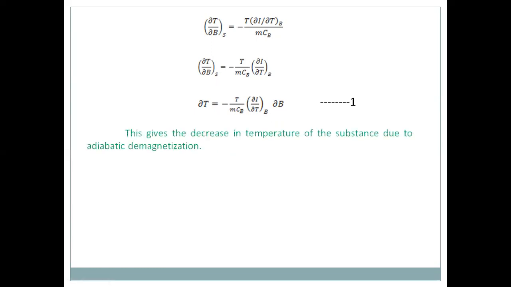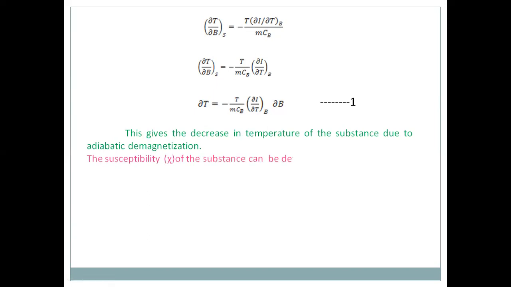This gives the decrease in temperature of the substance due to adiabatic demagnetization. Of course, the minus sign shows the decrease in temperature, but this equation does not give the quantity of temperature, how much it decreases.